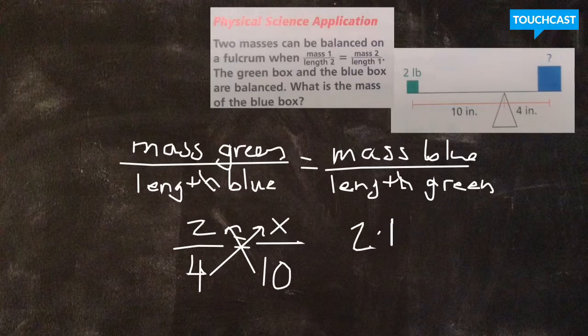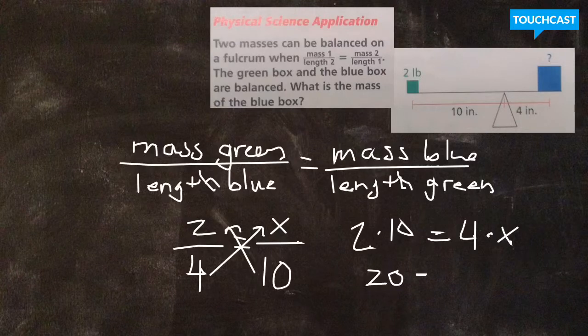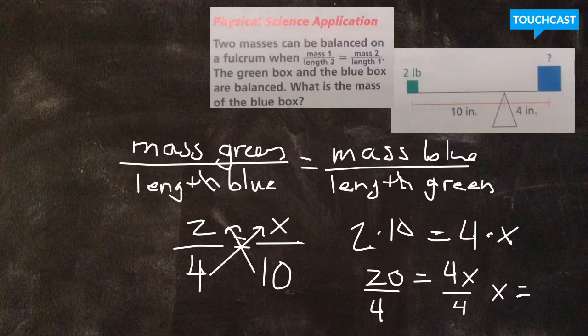Well, 2 times 10 is 20. So 20 is going to equal 4x. We need to divide by 4 to find out what x equals. And x is equal to 5, which means the mass of the blue box is 5 pounds.